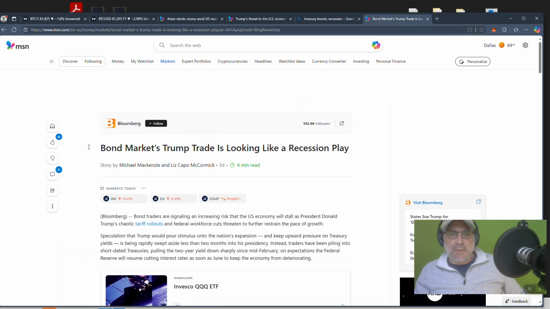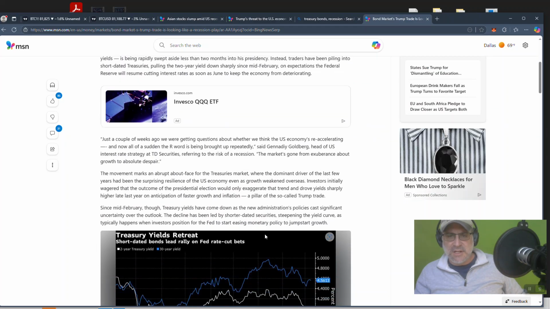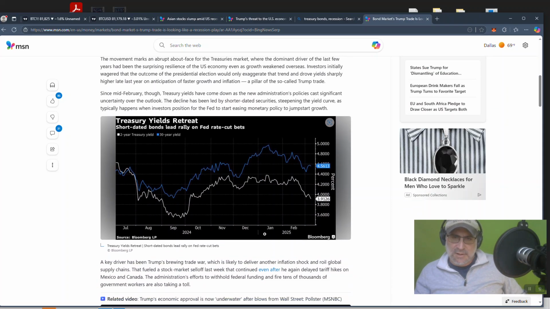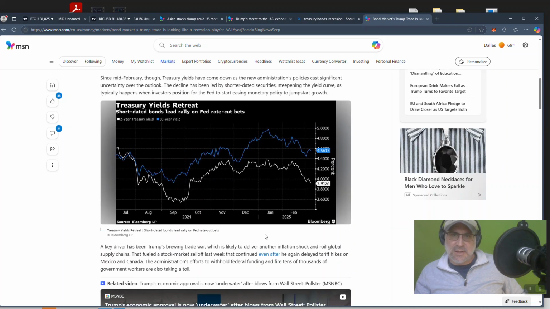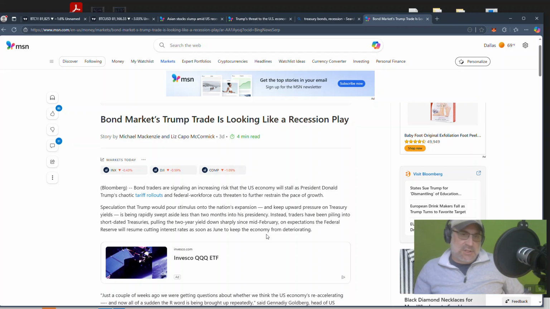So we look, bond market, Trump trade is looking like a recession play. Yeah. So they're talking about lowering the treasury bond yields is what everyone's anticipating. That's not good. So the treasury bonds, as you know, that's what the Federal Reserve sells to the reserve banks. So they buy the bonds from the banks when inflation is going through the roof.